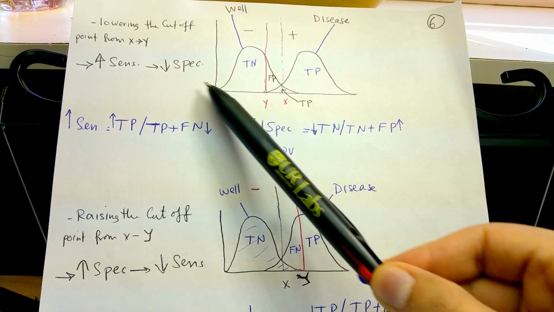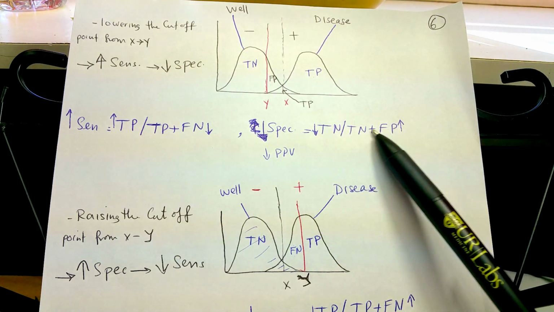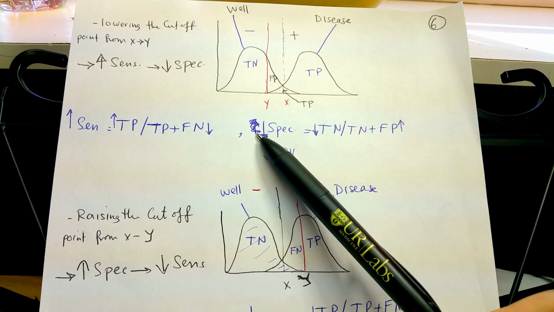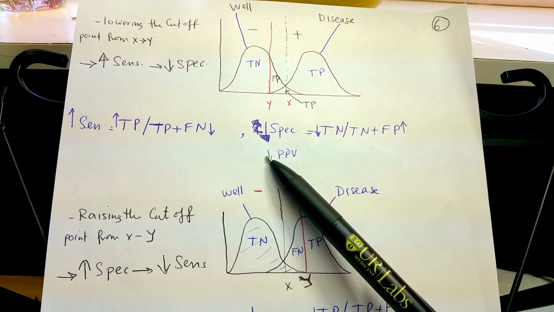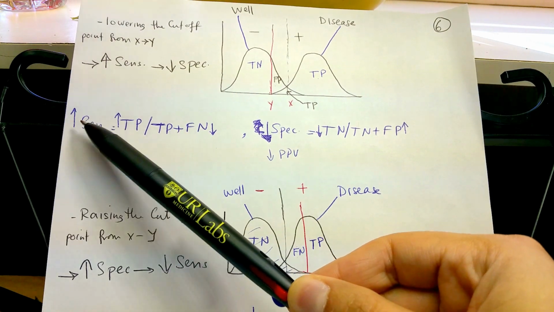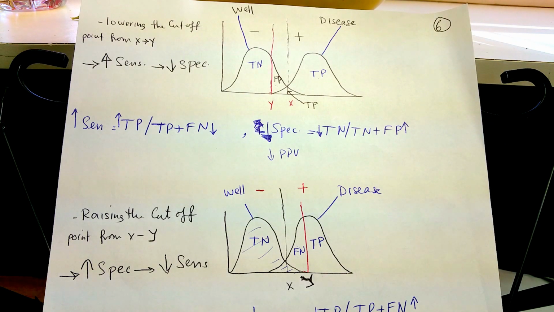Decreasing specificity, as we said, will decrease the true negative and will raise the false positive. And because specificity goes with positive predictive value, it will decrease the positive predictive value, while sensitivity goes with the negative predictive value, so it will increase the negative predictive value.